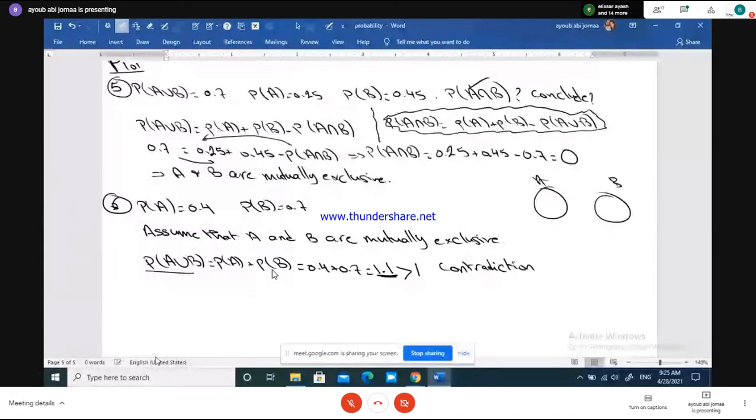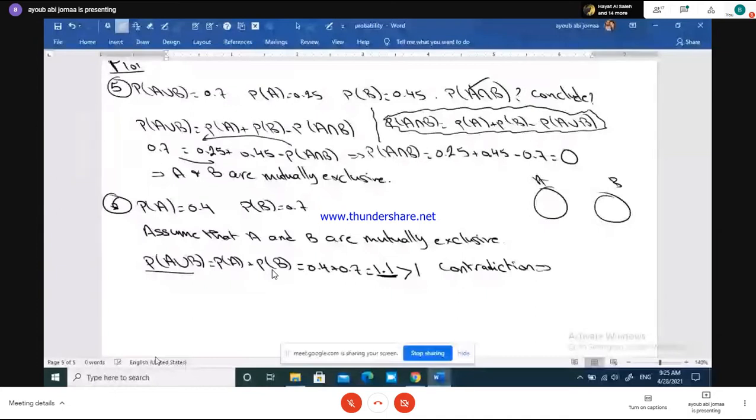What is our assumption here? That A and B are mutually exclusive. We get the probability of A union B is more than 1. Contradiction to our assumption.